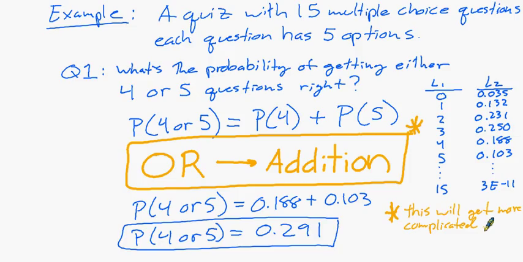But I do want to just seed some vocabulary terms that you can look out for. Joint events, which is also known as non-mutually exclusive events. Now, I'm not going to go into what these mean at the moment. I just want to throw them out here now so that you can look for them and know that when this happens, this relationship is a little bit more complicated. And so at the moment, we'll keep it at a simple level and just look for these terms in the future.